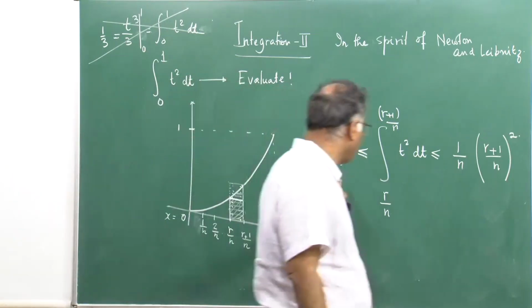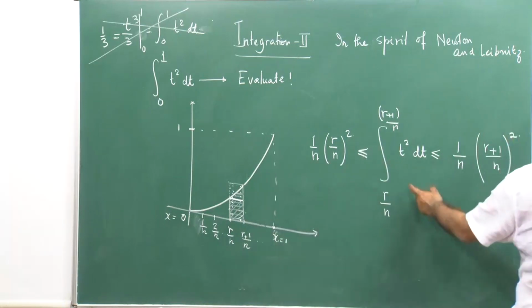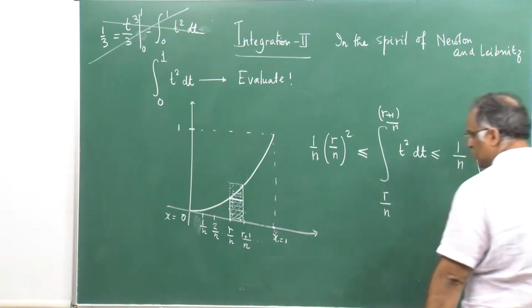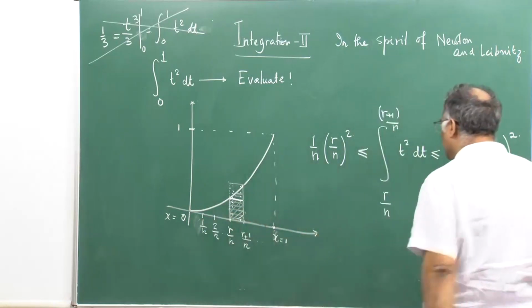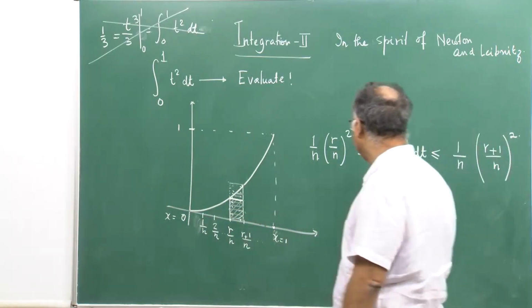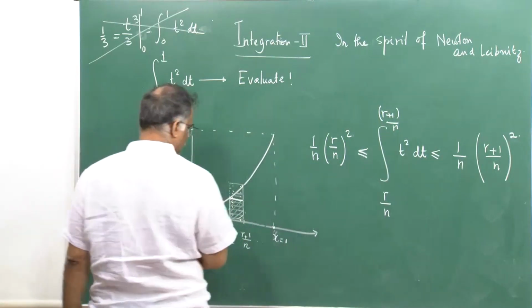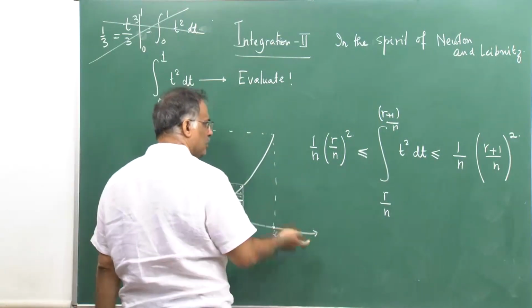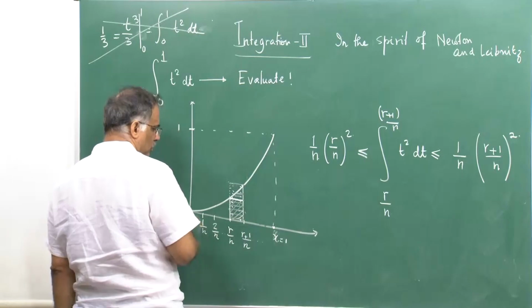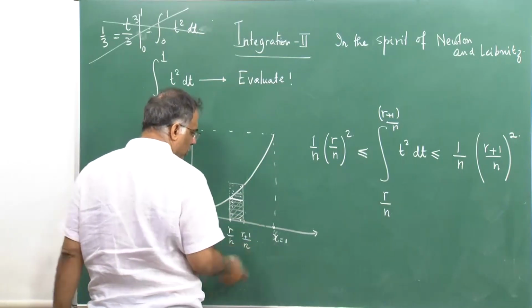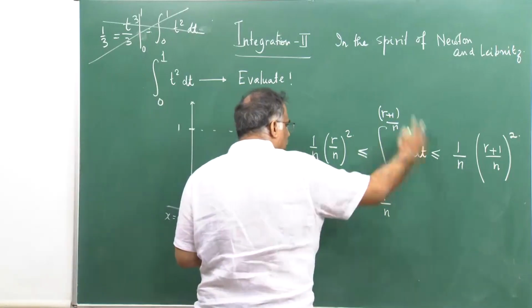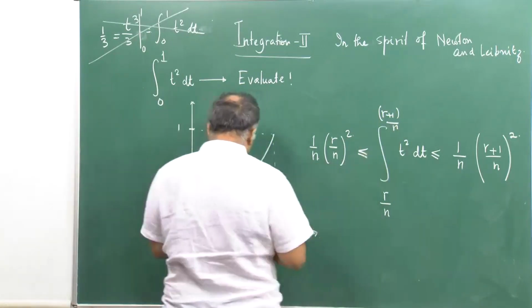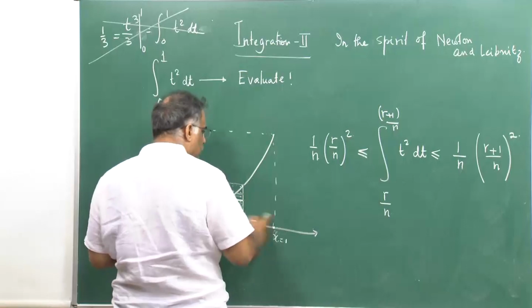So, if I now sum this, where r varies from 0 to n minus 1, then if I sum these small parts up, they will give me the whole curve from 0 to 1.